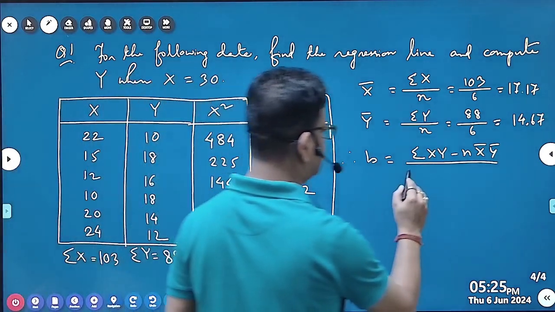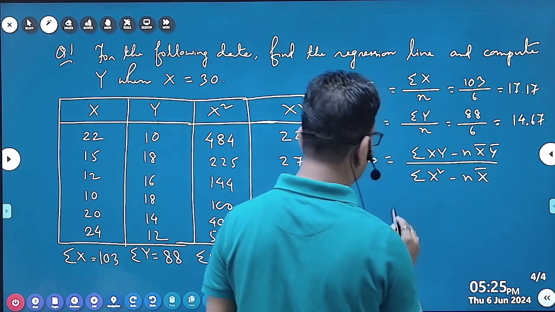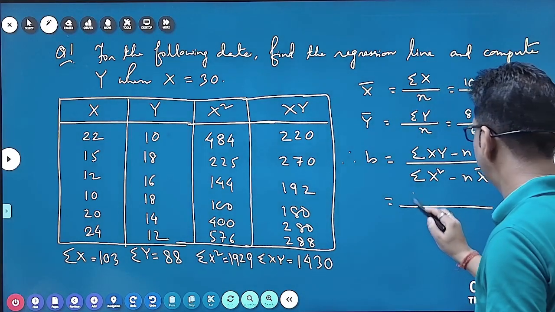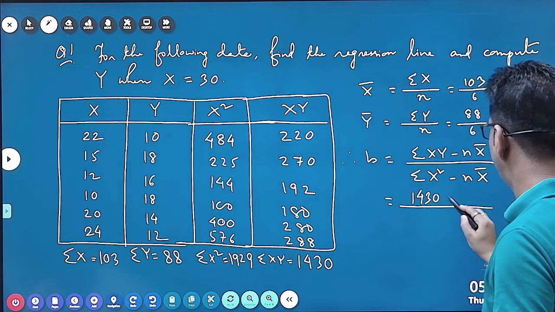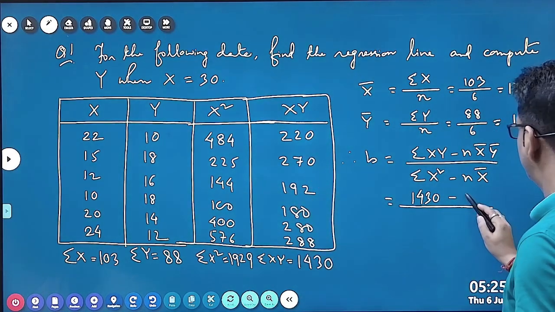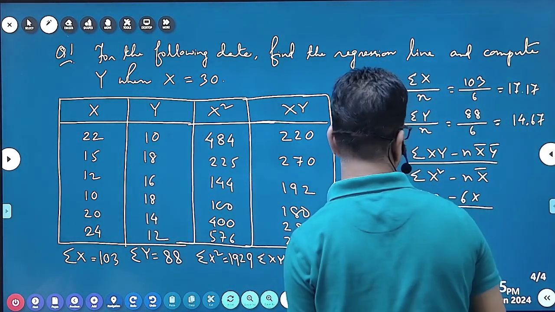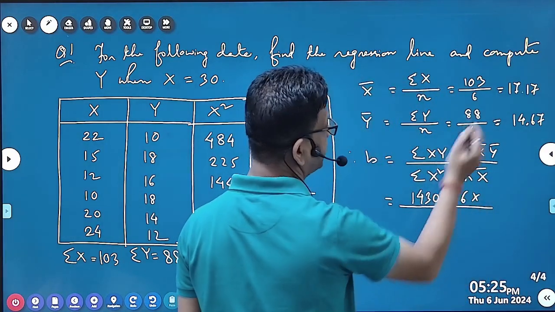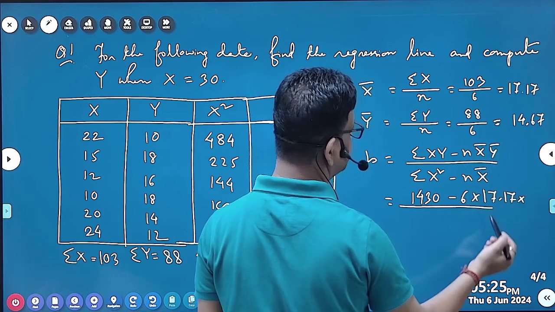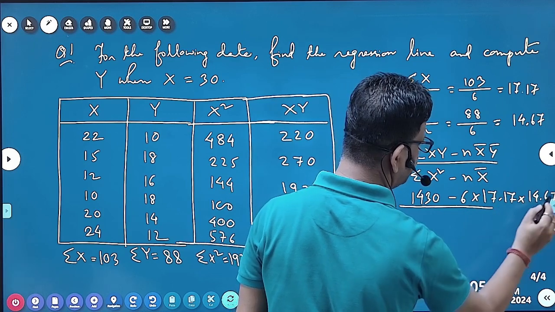Put in summation of xy, which we have now, 1430, minus n, which is 6, because both x and y occur 6 times. So 6 into x bar y bar. X bar is 17.17. Y bar, the mean of y, is 14.67. You need to calculate it anyway.